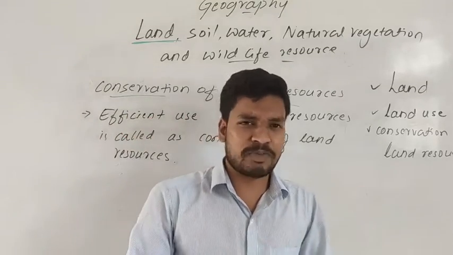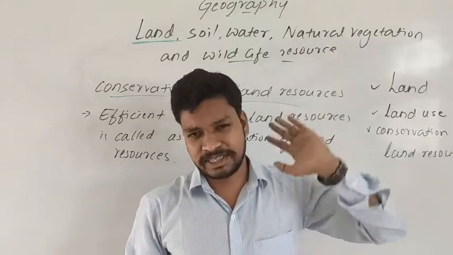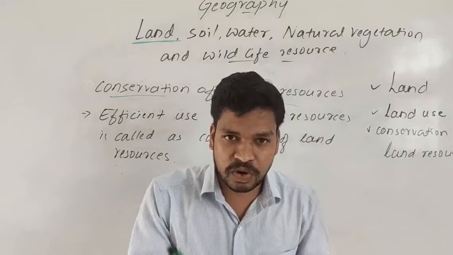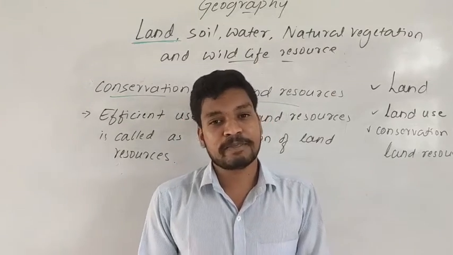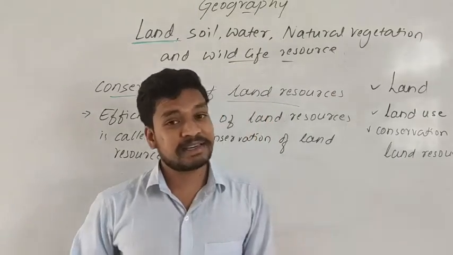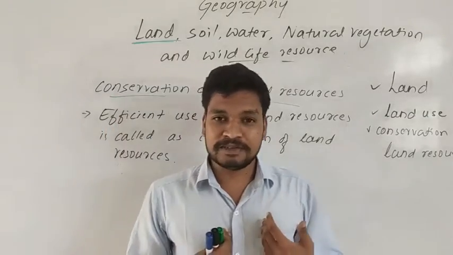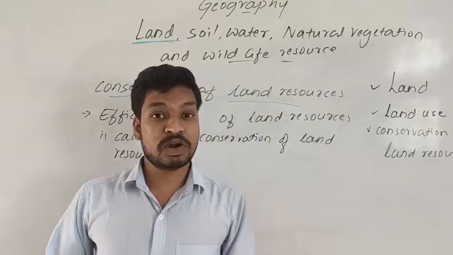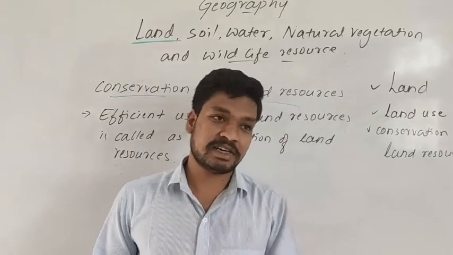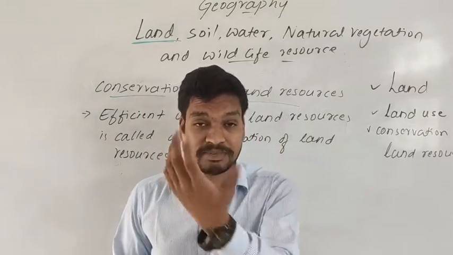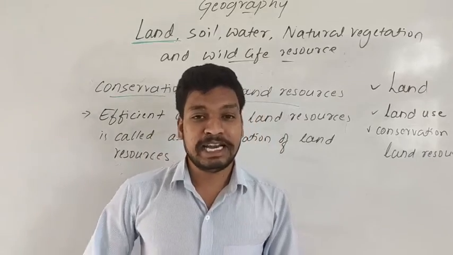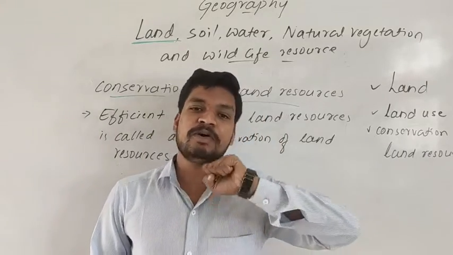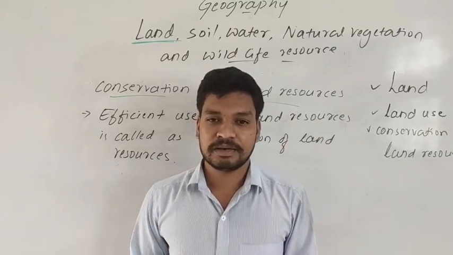We cannot count the stars because they are unlimited. But in the landmass we know how much is present. Why? Because it's limited. But we human beings, the greedy people, are extracting and making use of these resources abundantly, unlimitedly.